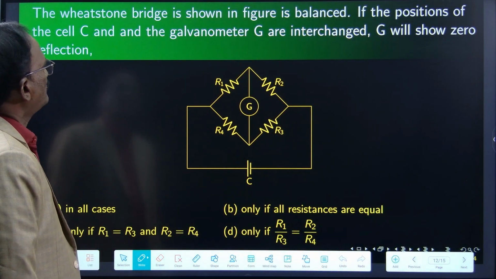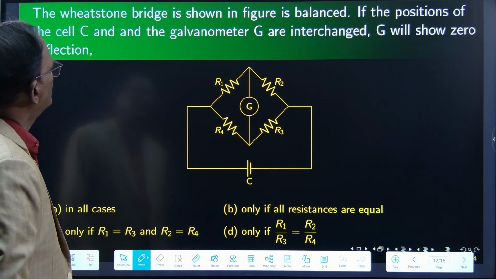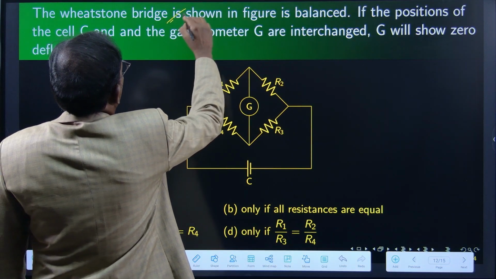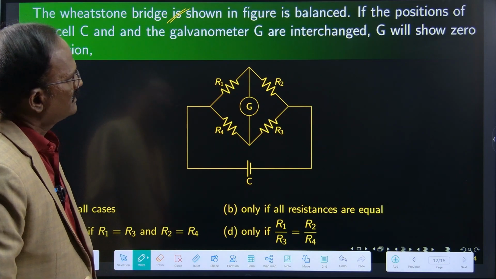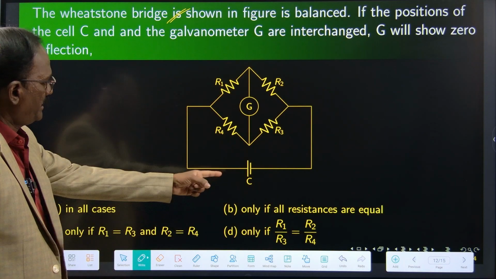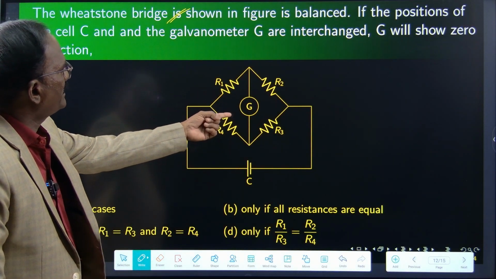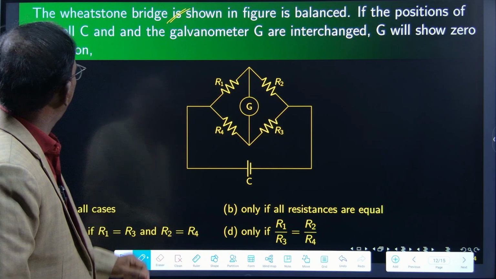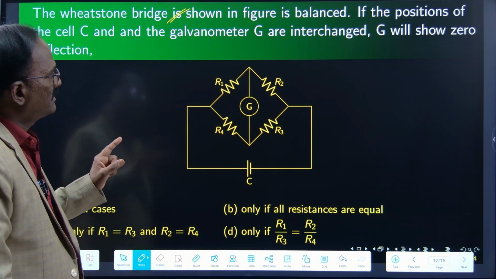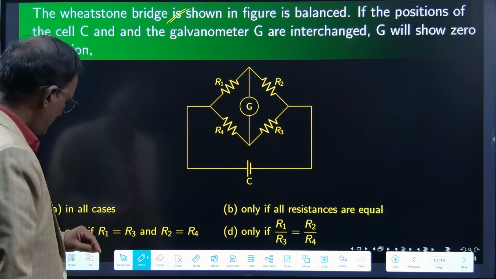Next, the Wheatstone bridge shown in the figure is balanced. If the positions of the cell C and the galvanometer G are interchanged, G will show 0 deflection when.